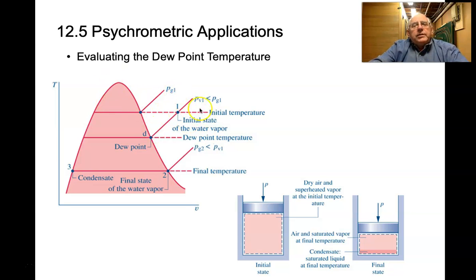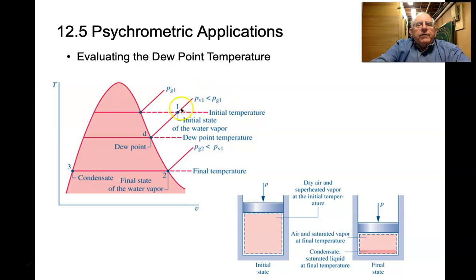Let's say the initial state of that point is given here in the superheated region. That would correspond to a partial pressure associated with the amount of vapor with respect to the temperature and pressure of the initial mixture.